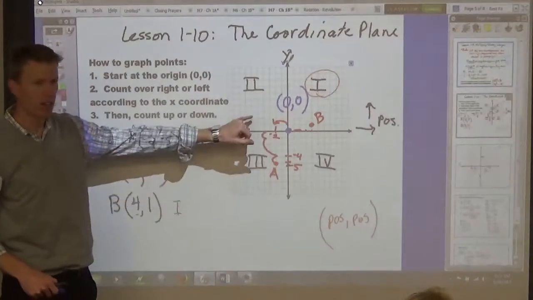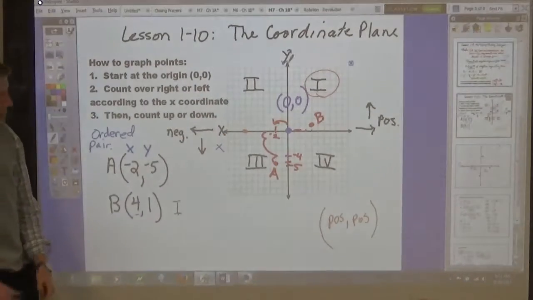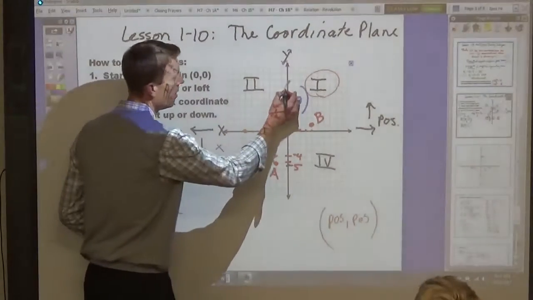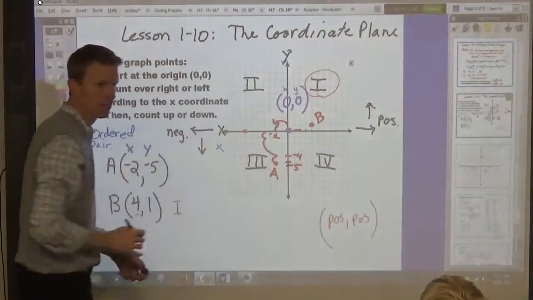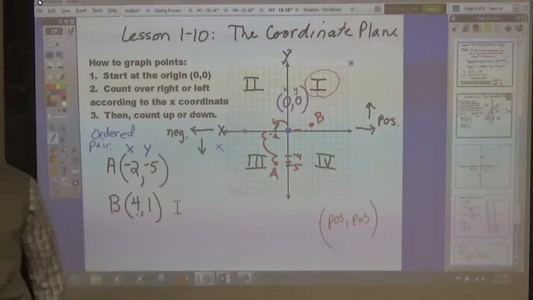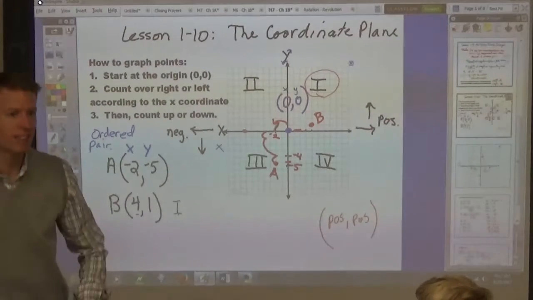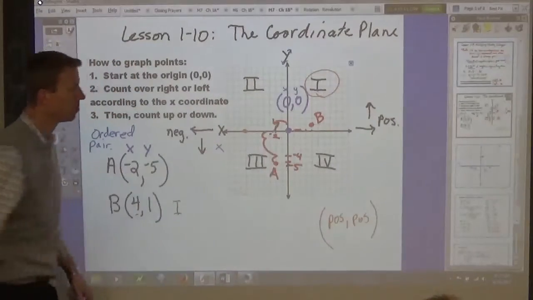And then pairs of numbers are called ordered pairs. The first number is always the x number, or the number that goes along the x-axis, how far to the right or left something is. And the y-axis is how far something is up and down.